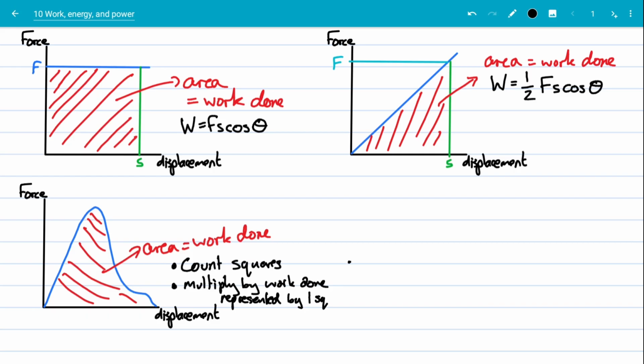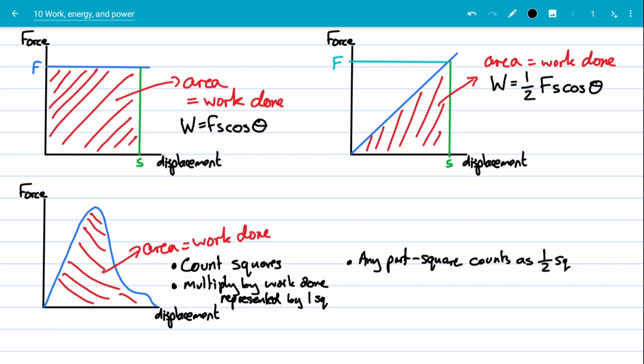Now, in that case, any part square counts as half a square. Different exam boards do it different ways, and some exam boards will say if it's less than half a square, it's 0 squares. If it's more than half a square, it's 1 square. You can see they should average out, but this is just a way of approximating, let's say estimating, the amount of work that's done in this interesting situation.